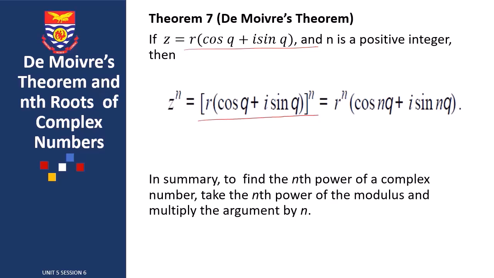So in summary, this is what we call De Moivre's theorem. To find the nth power of a complex number, take the nth power of the modulus and multiply the argument by n. So simple like that.